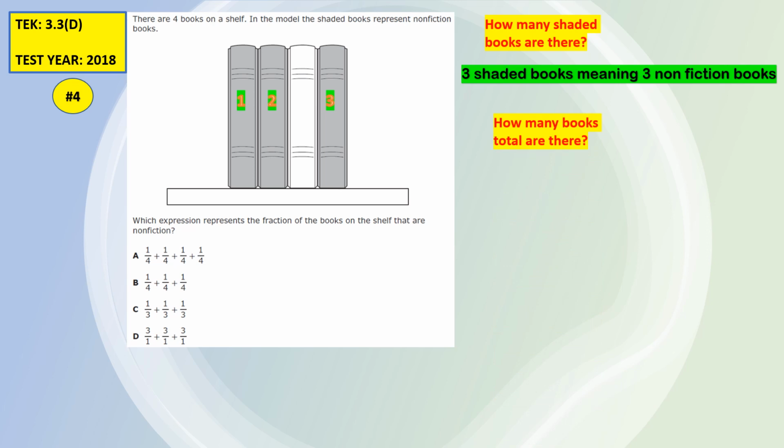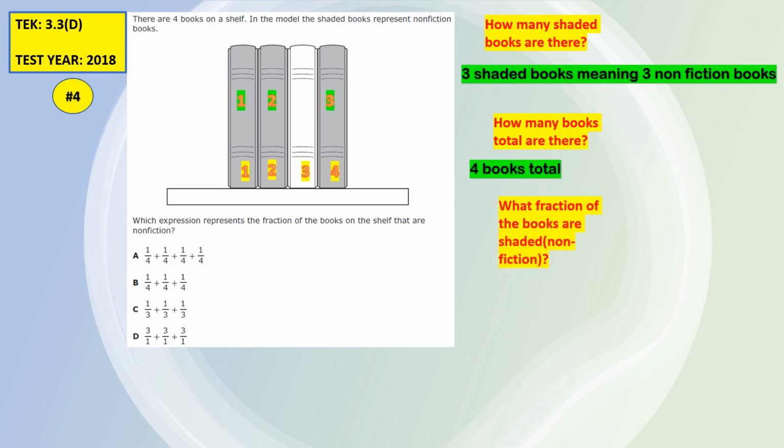The next question I'd be asking myself is, how many books total are there? Because that's going to give me my denominator or my bottom number. Well, I can look at those books and tell that there are 1, 2, 3, 4 books total, right?